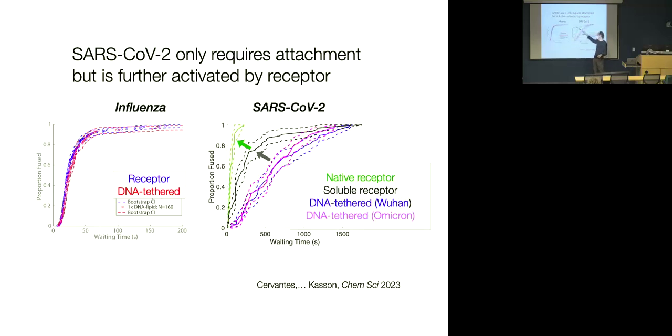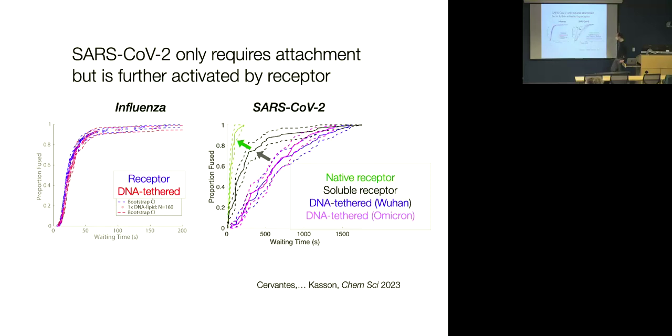Essentially, the fusion to these synthetic liposomes with synthetic attachment factors was much slower and, if you analyze the kinetics, actually seemed to require more rate-limiting steps. So there's a mechanistic difference in the fusion here versus to physiologic target membranes.